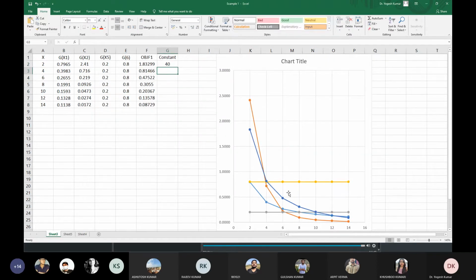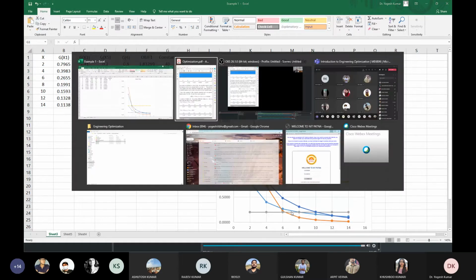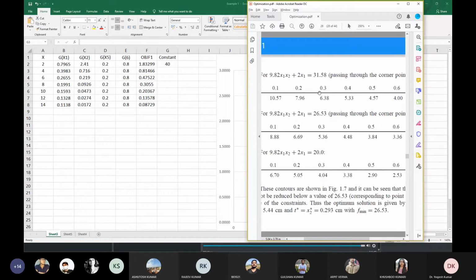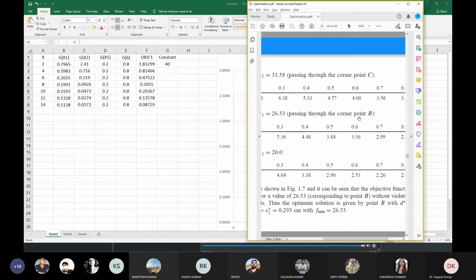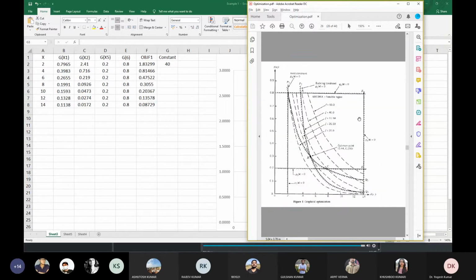Okay, so when we are plotting for 40, we can see again there are 3 points in this area. Okay, so what we have to do, we will move to the next value, that is 31.58, which was passing through the corner point C. So the objective function passing through this point C corresponds to 31.58.